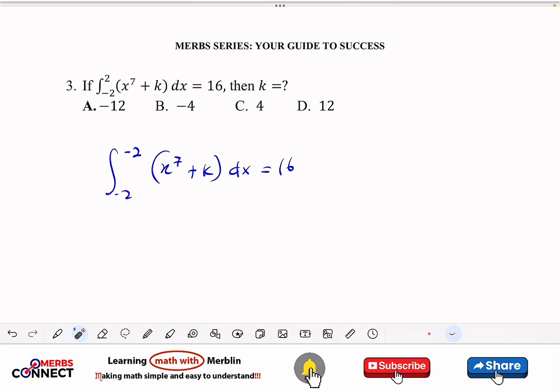Here, the idea is that I can use the idea of odd and even functions. Since this is minus 2 and this is 2, this is symmetric. So since x to the power 7 is odd, this one will go to 0. So it means that I just need to integrate this and have kx from minus 2 to 2 equal to 16.